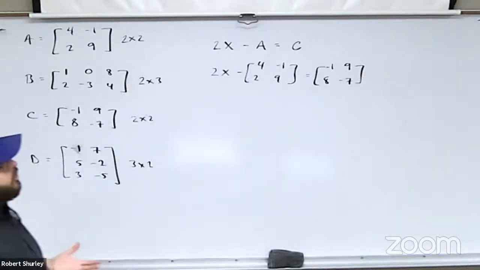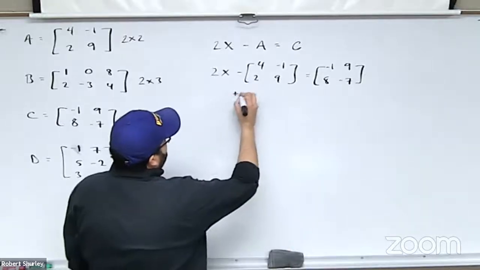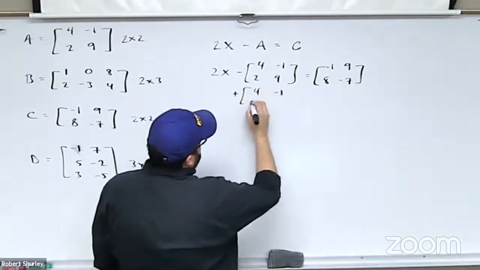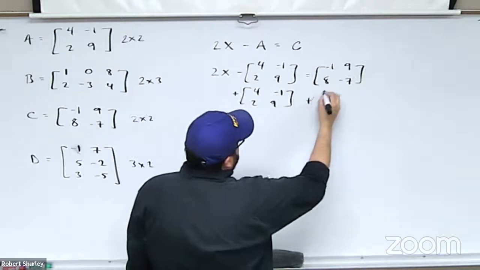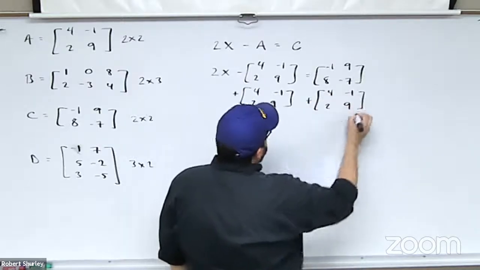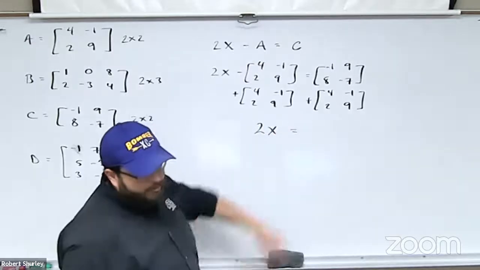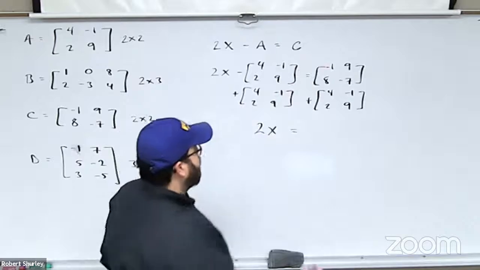And the first thing I need to do is add this matrix over, which I think we did at the very beginning. I should have kept those results. I'm going to add this matrix, just like if it was a number, right? So we wind up with 2x equals, and now look, I'm going to just do this right here.